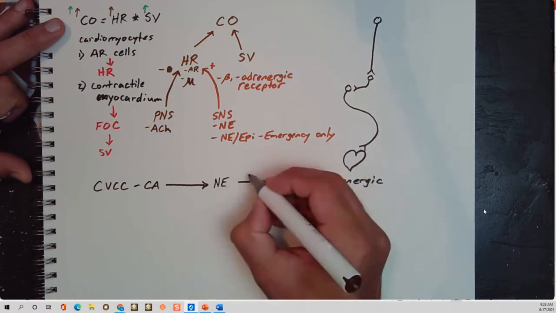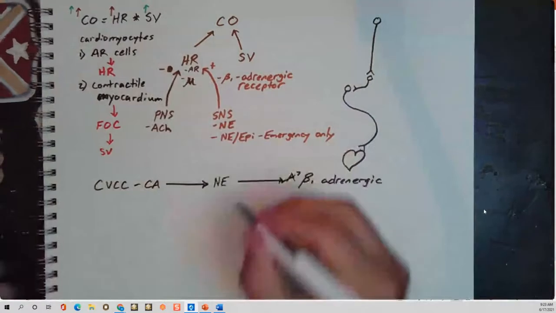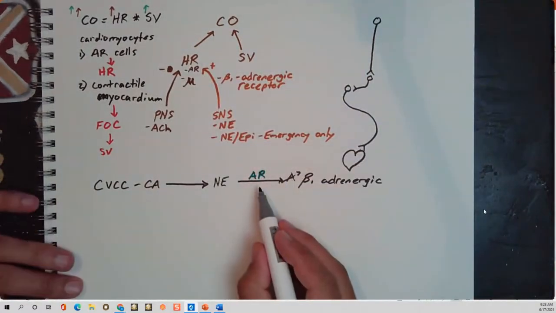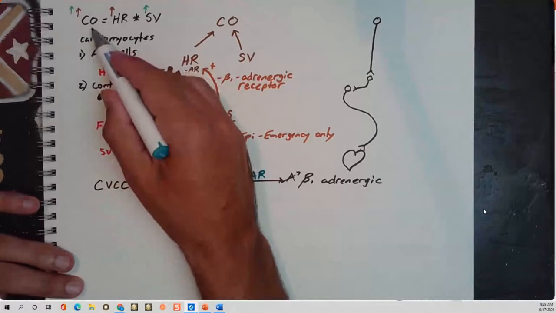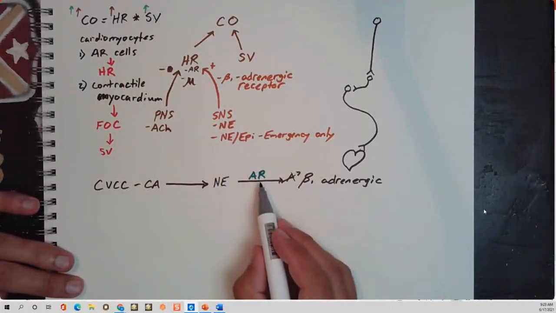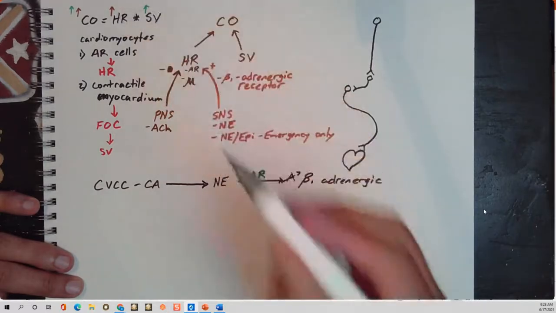Norepinephrine is going to be released onto autorhythmic cells, which is a nice descriptor because what part of the cardiac output equation do autorhythmic cells help us control? Rate only. You guys with me?